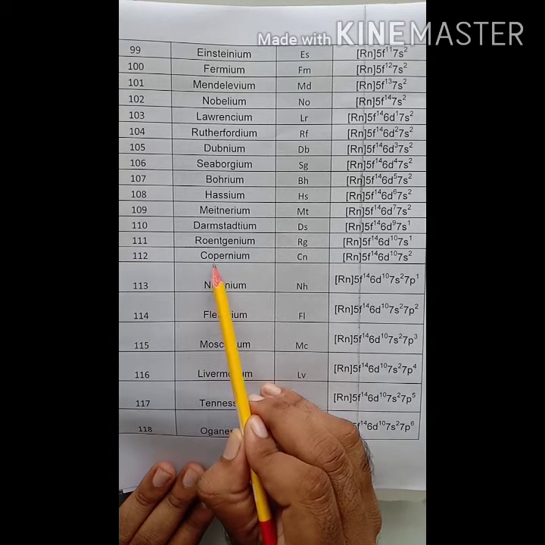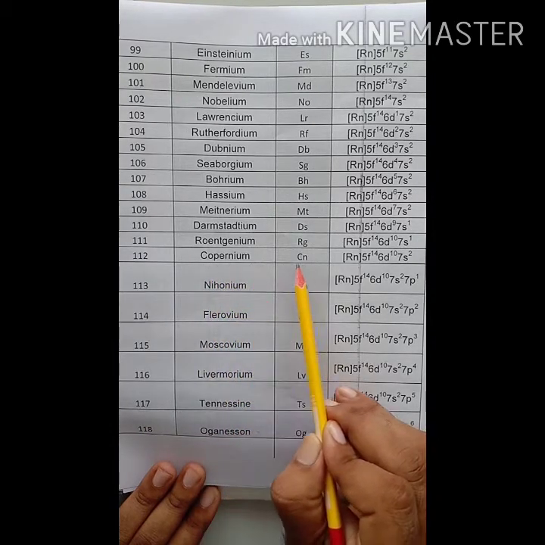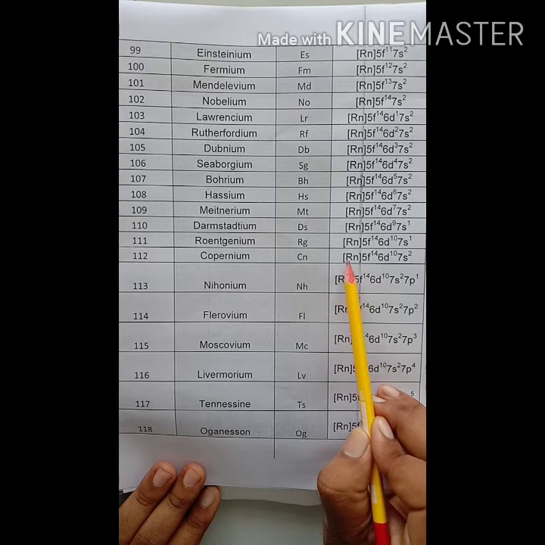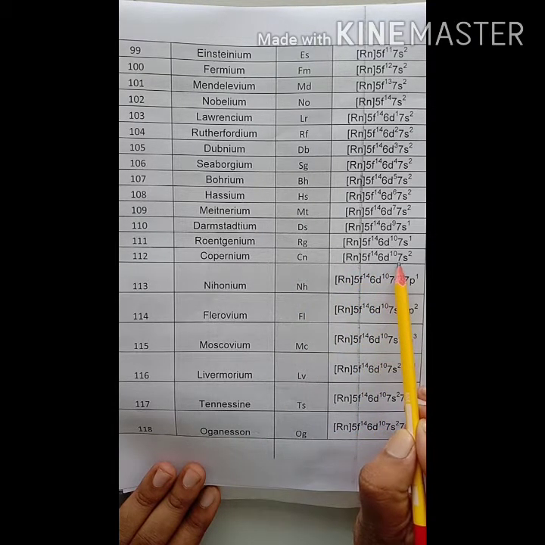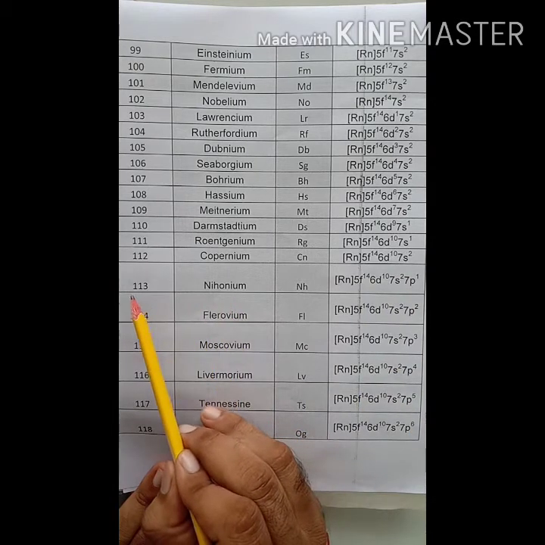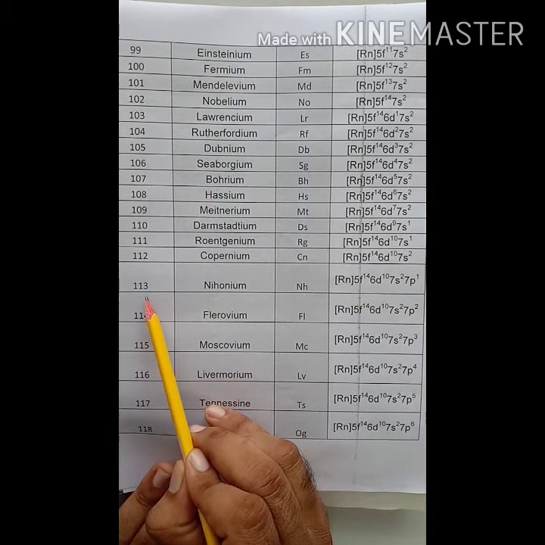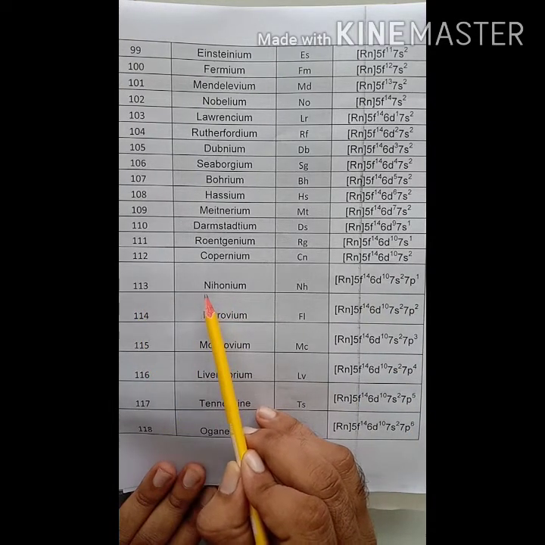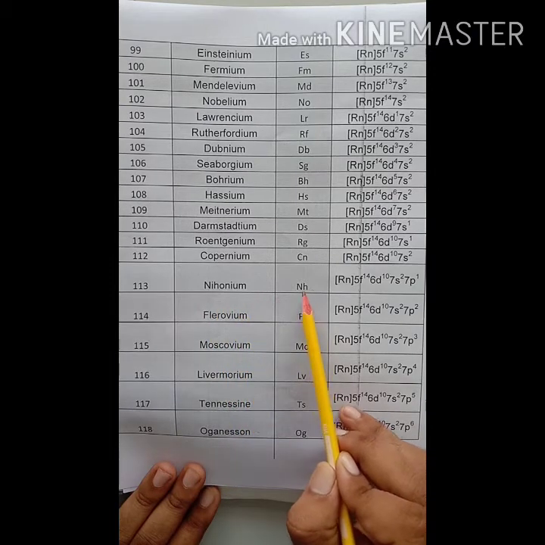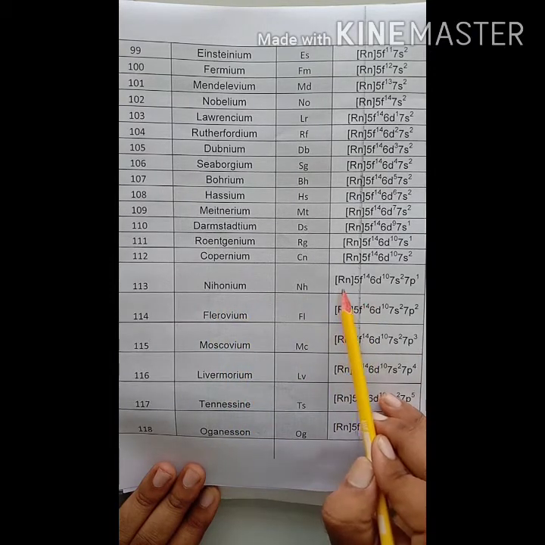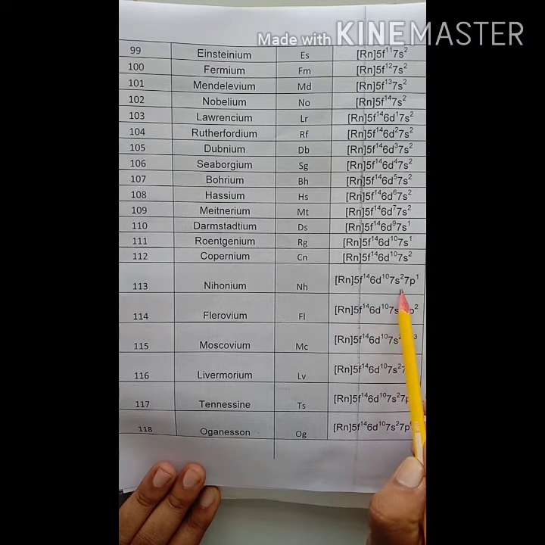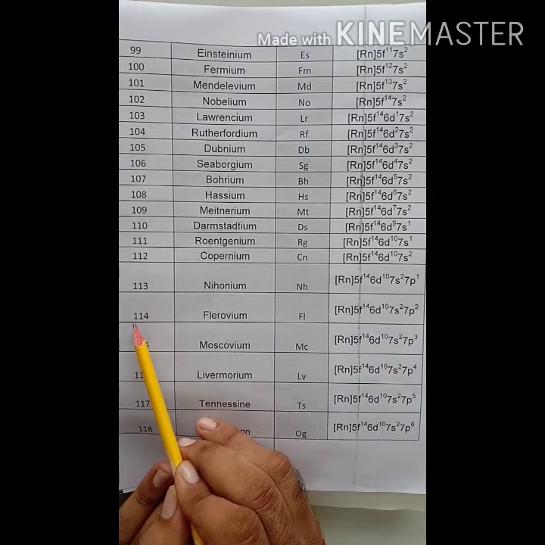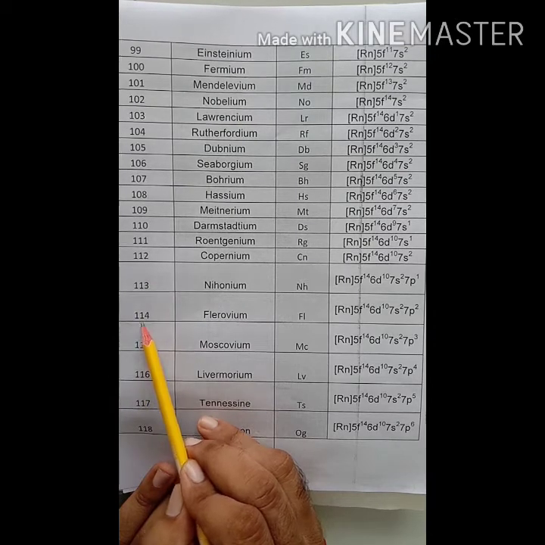Next atomic number is 112. Name of element is copernicium. Symbol is Cn. Electronic configuration is Rn, 5f14 6d10 7s2. The next atomic number is 113. Name of element is nihonium. Symbol is Nh. Electronic configuration is Rn, 5f14 6d10 7s2 7p1. Next atomic number is 114.